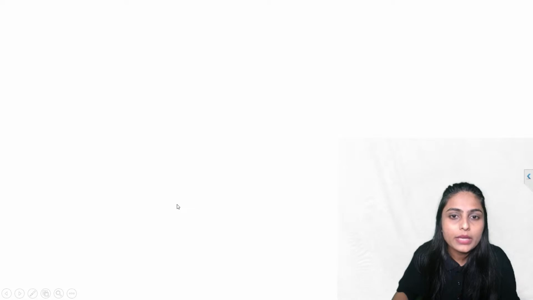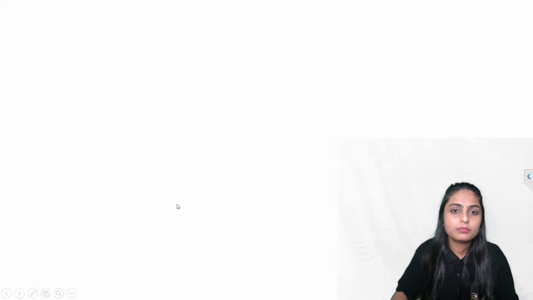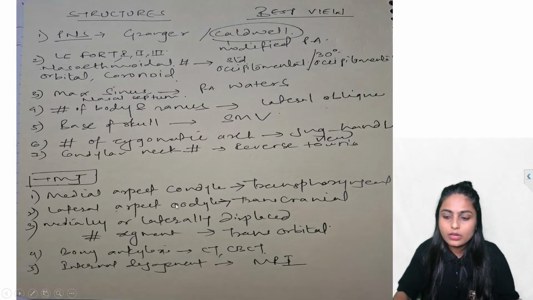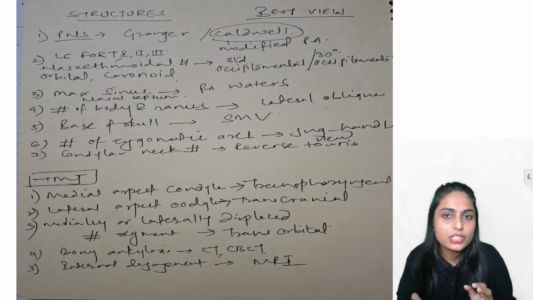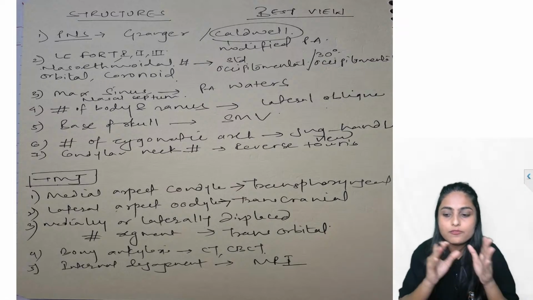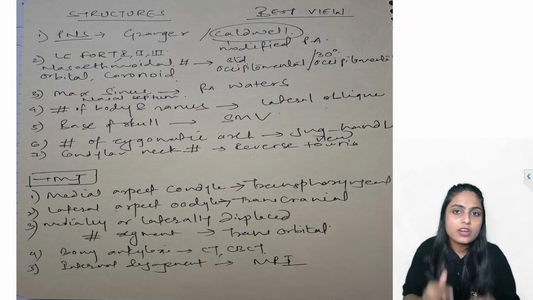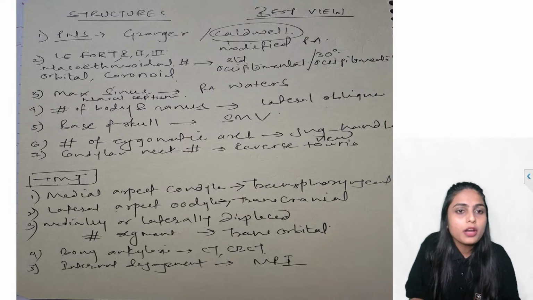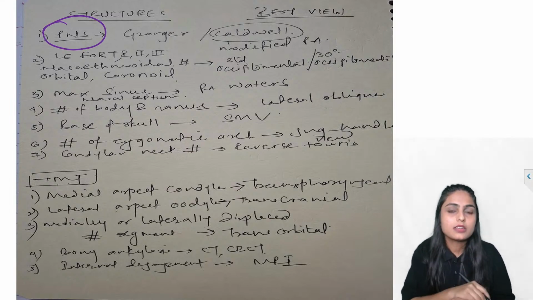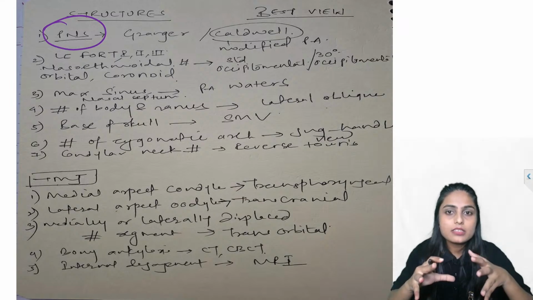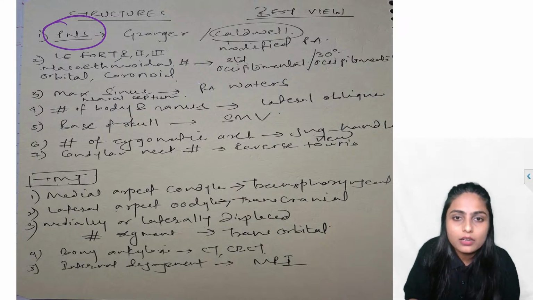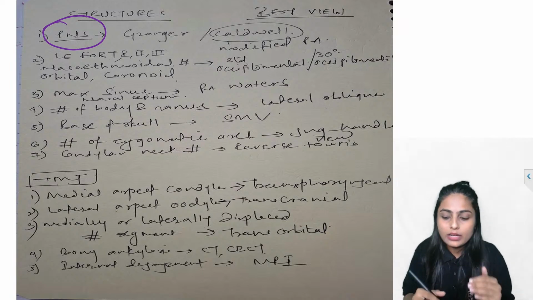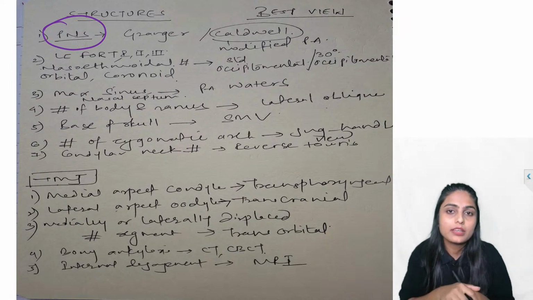Next we have different radiographs for different indications. The first radiograph that we take is for paranasal sinuses. For paranasal sinuses, you take the Granger or Caldwell projection. We call it a PA view, posterior anterior view.